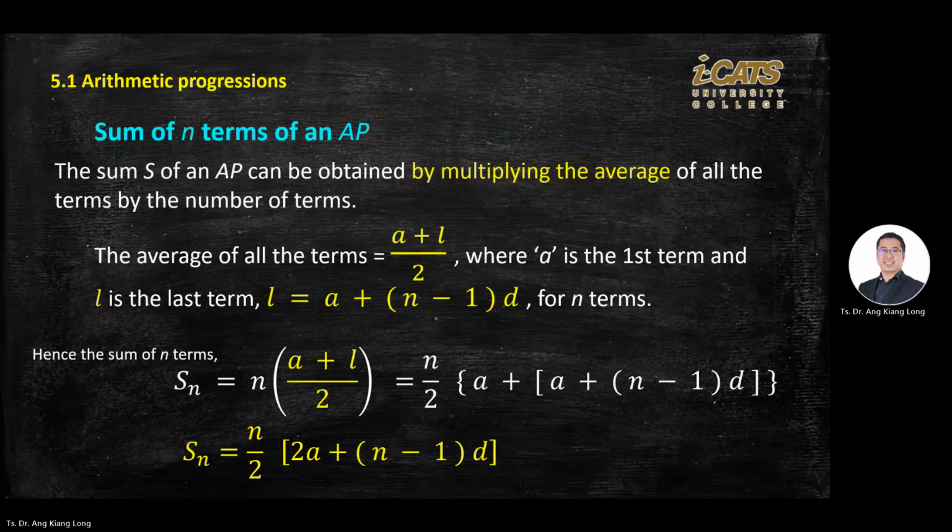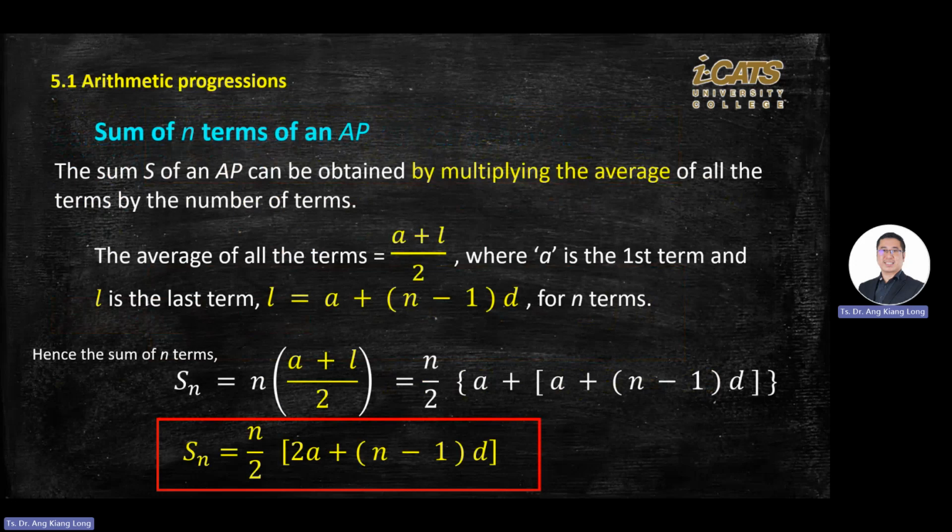So this will be the general term for the sum of the terms: n divided by 2, (2A plus (n minus 1) D). So in the exam, you can give me any of these, but preferably the one that I highlight with the box.